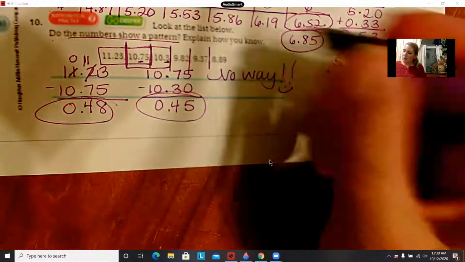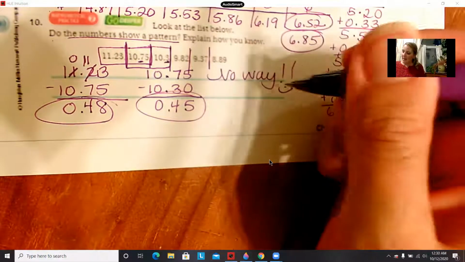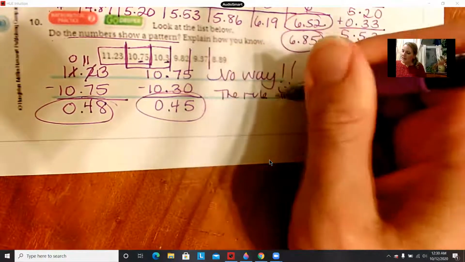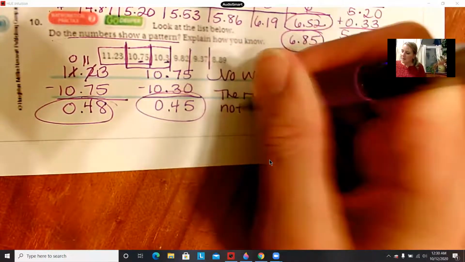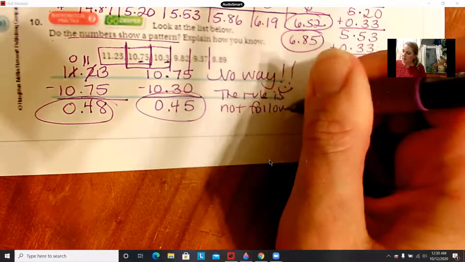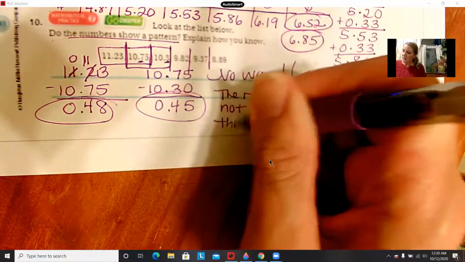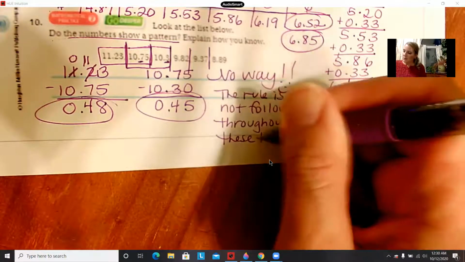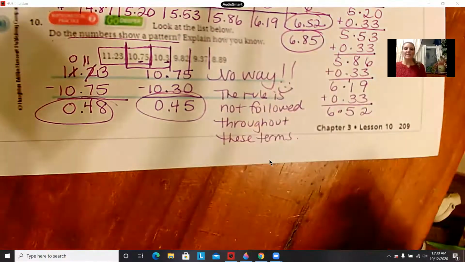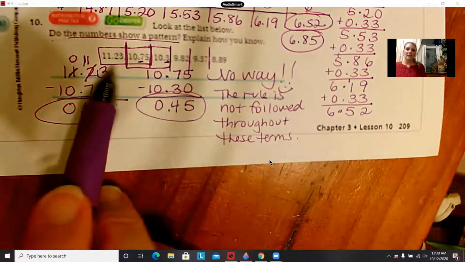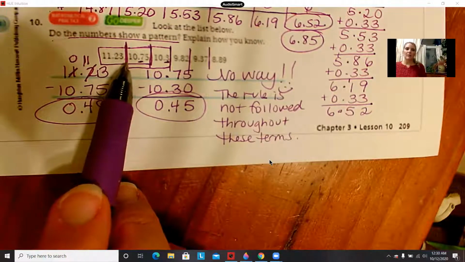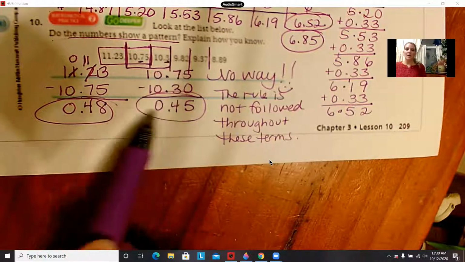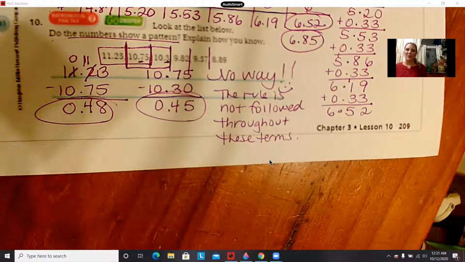And explain how you know, and we can say that the rule is not followed throughout these terms. The same rule must apply. If this one is minus 48 hundredths, then between these two numbers, it must be 48 hundredths, and these two numbers, but the rule is not followed throughout the terms.